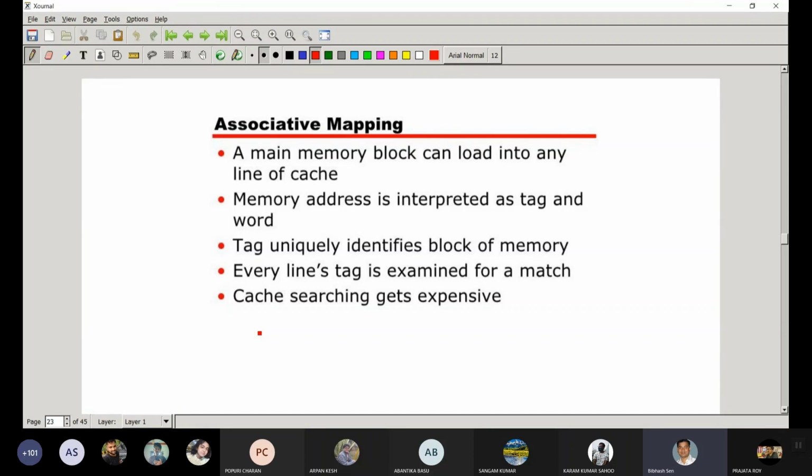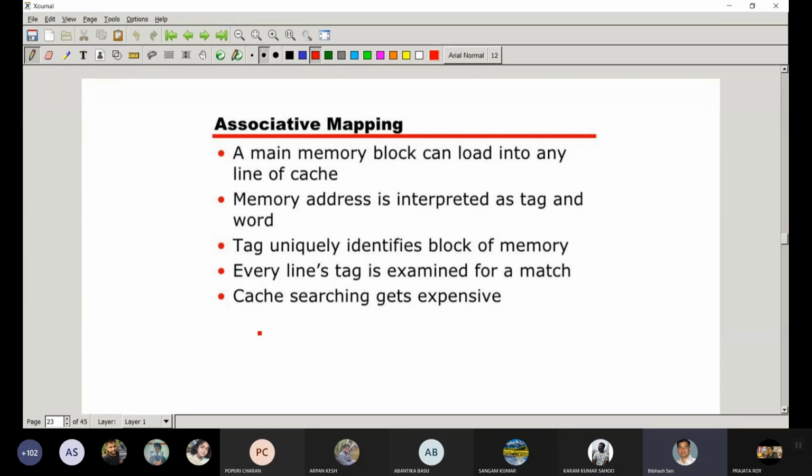For that purpose, an address translation mechanism should work there, because your M bits will be segregated into line number as well as tag bits. But in case of associative memory, that is not required. Directly your M bits of the main memory will be added as the tag bits. Am I clear or not clear? Yes, sir, clear.